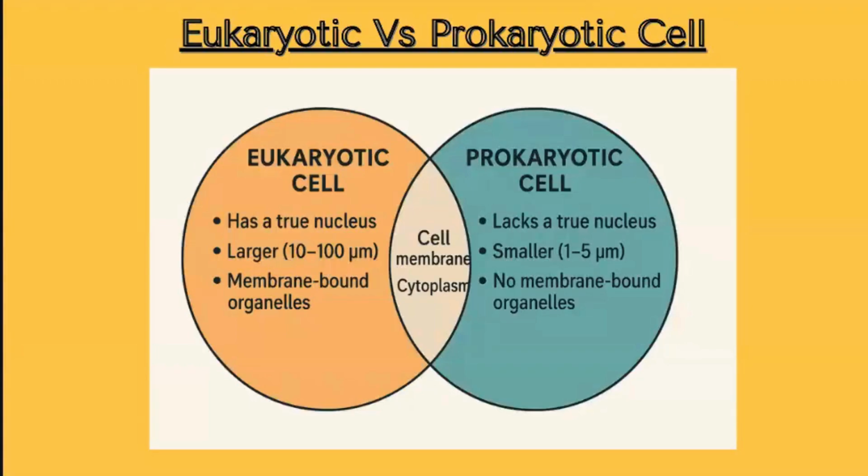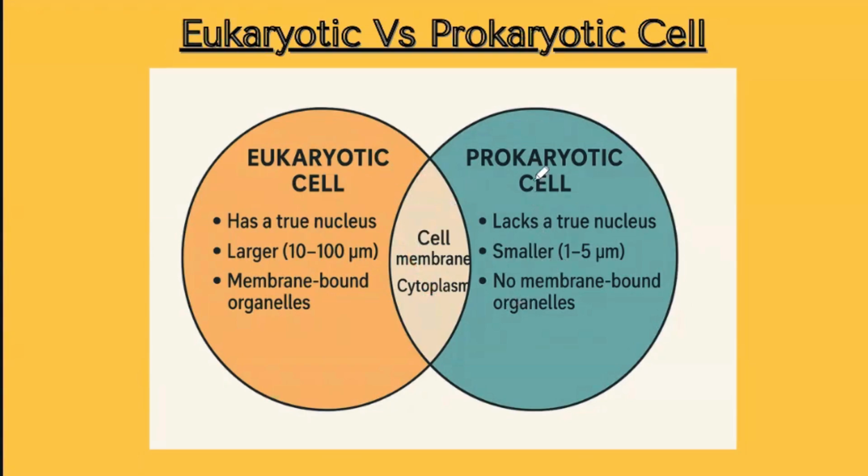Before we discuss the organelles within the cell, it's important to understand the differences and similarities between eukaryotic and prokaryotic cells. Both types of cells have a cell membrane and cytoplasm, but prokaryotic cells are considered to be less evolved.